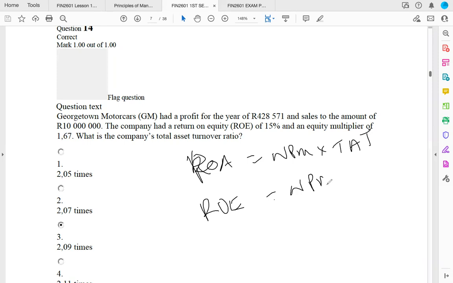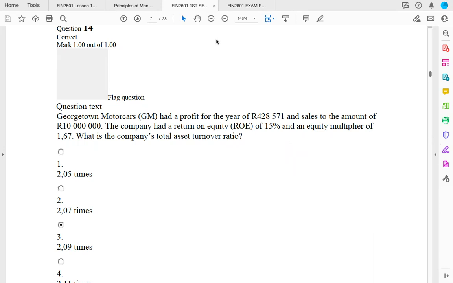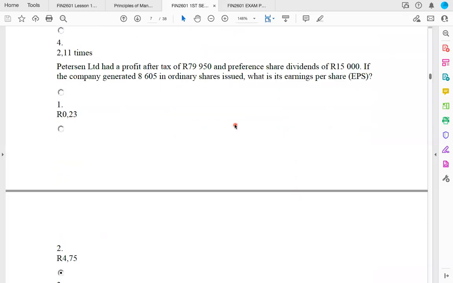ROE is net profit margin times total assets turnover times equity multiplier, also known as the financial leverage multiplier. So this also means that return on equity is equal to return on assets times the equity multiplier, or the financial leverage multiplier. So these are three really important relationships, known as the DuPont analysis, to help us get return on equity and return on assets.